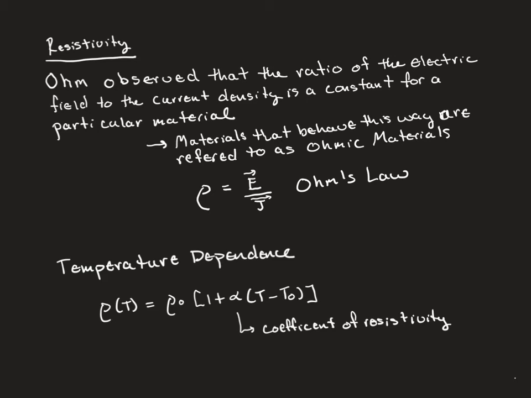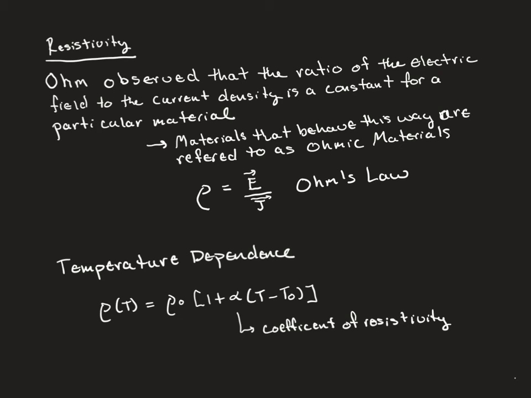So the greater the temperature, the more active the interior of the solid that makes up the conducting material is, and therefore more collisions occur, and therefore the drift velocity actually decreases. So the current is going to decrease, which means the resistivity has increased.